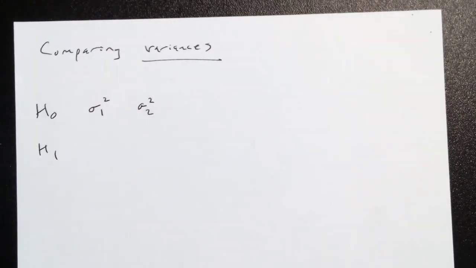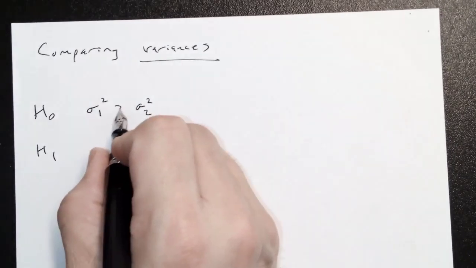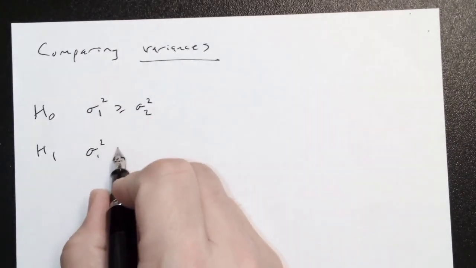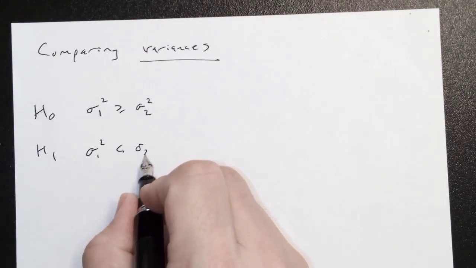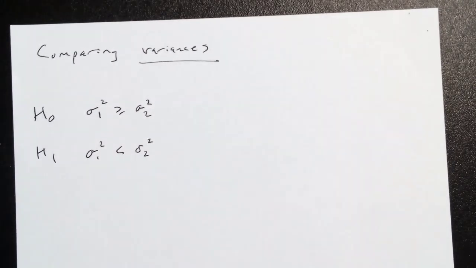Variances are squared, standard deviations aren't. So my null hypothesis and my alternate hypothesis are going to follow the same sort of pattern. Hey, look, the alternate hypothesis shows sigma 1 smaller than sigma 2. So this is a left tail.